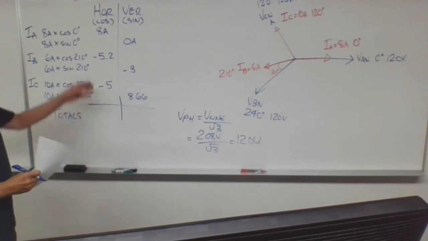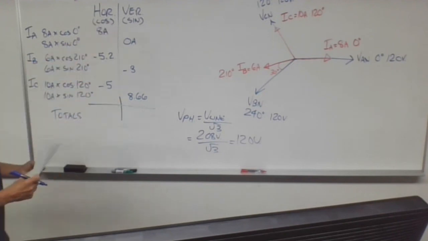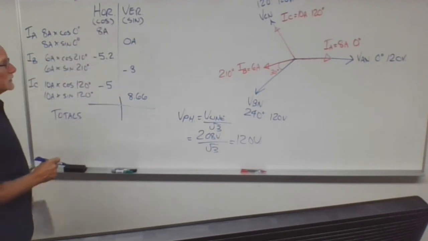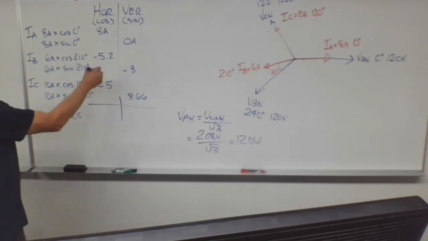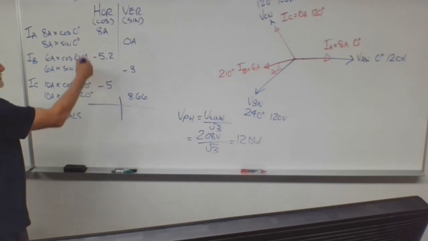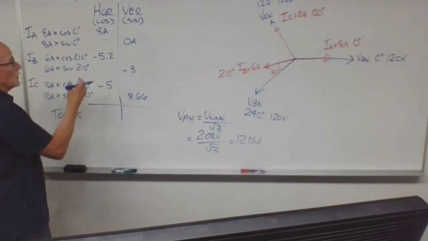And at this point, all we do is add up our horizontal values for a total horizontal, and add up our vertical values for a total vertical value. And of course, I take the bigger number, negative or positive, and subtract the other, because they're going in opposite directions.